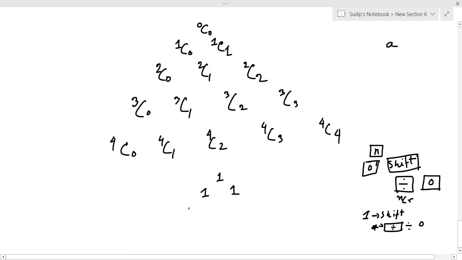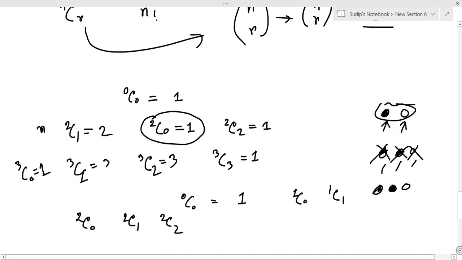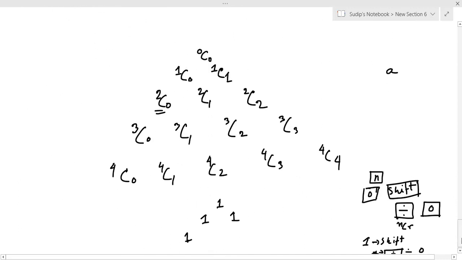If you press 2C0, you will get 1. I have shown you that 2C0 means 1. So for 2C0 we have 1.